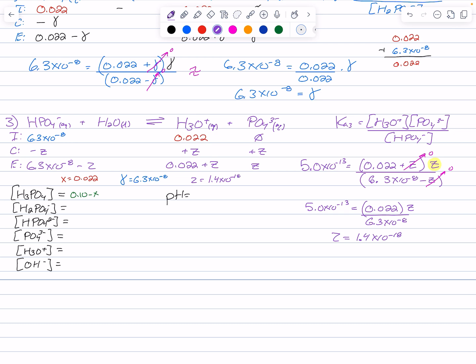Which is really small, but that's okay. All right, so 0.1 minus 0.022, we get 0.078. So I get 0.078 molar for phosphoric acid.